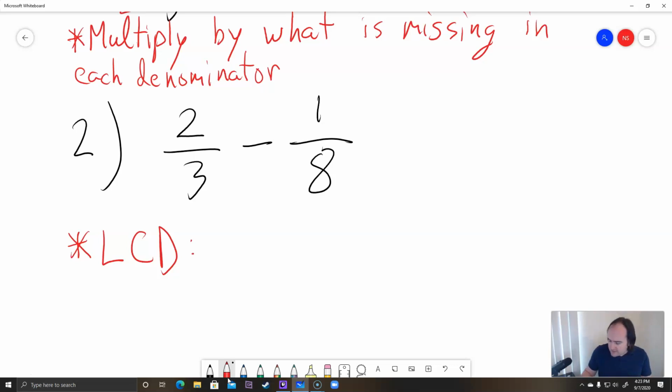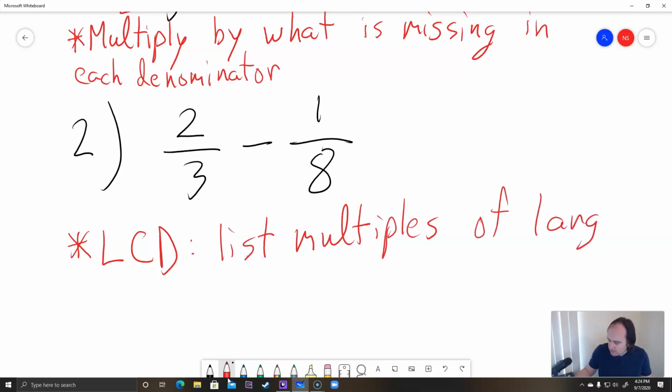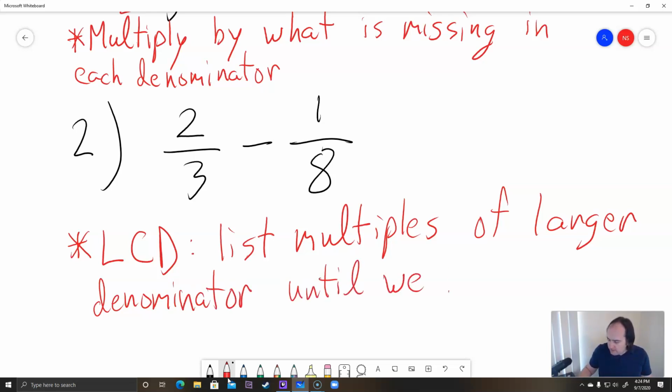Okay, so LCD means list multiples of the larger denominator until we find a multiple that the other denominator goes into.